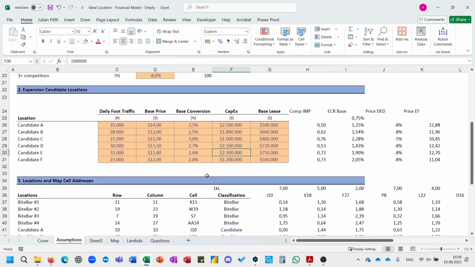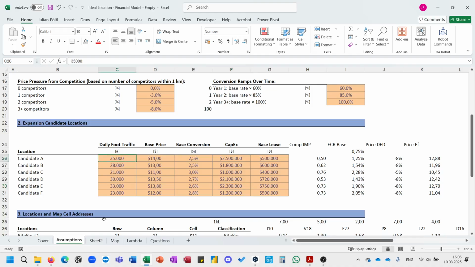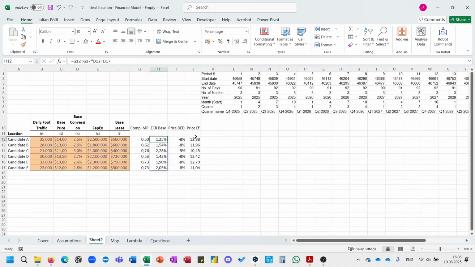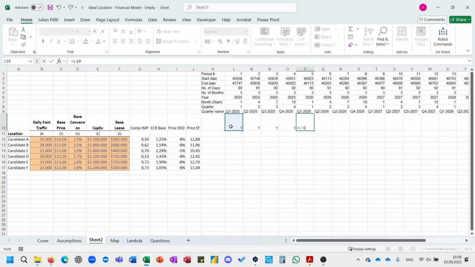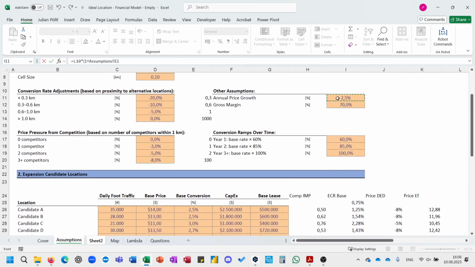Okay, and now I need to know the traffic or the customers, or the price and then the customers. So price equals this multiplied with 1 plus assumption.